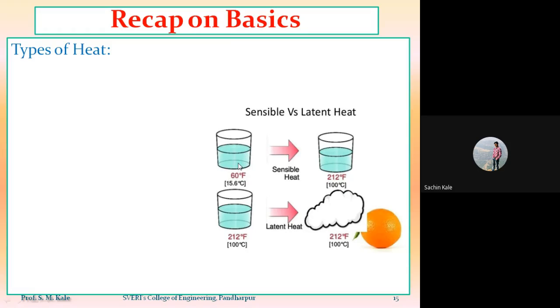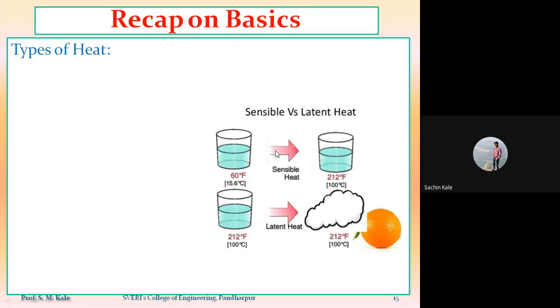That means initially there is liquid water, and at the final stage also we have liquid water. So without changing phase, because of the addition of heat, there is a change in temperature. That amount of heat supplied is called sensible heat.